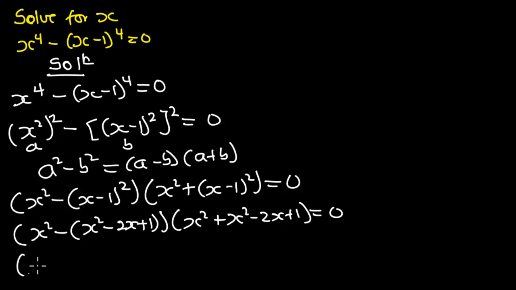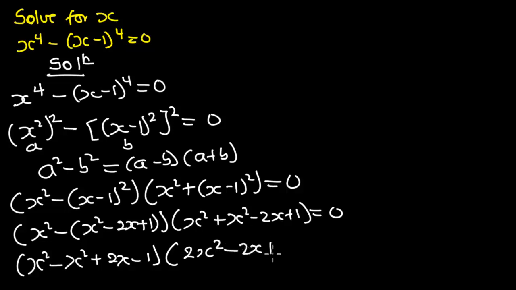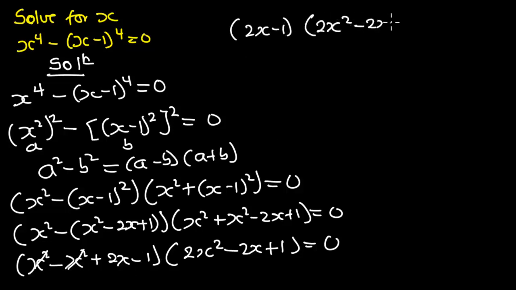Now we are going to have x squared, now when we expand the bracket, we are going to have minus x squared plus 2x minus 1 multiplying, then we have x squared plus x squared giving us 2x squared minus 2x plus 1 is equal to 0. From here, x squared will cancel minus x squared, and so we are going to be left with (2x minus 1) multiplying (2x squared minus 2x plus 1) is equal to 0.